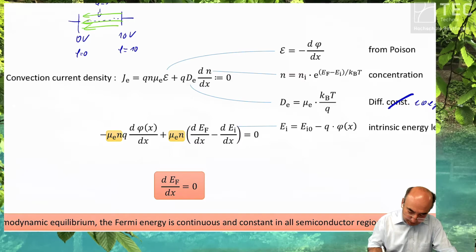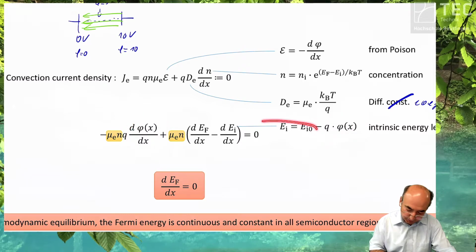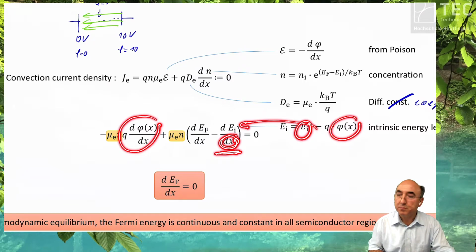this value, one moment, this value is equal to this term. You see, if you put in here and calculate the first derivative, you have this term and this term with the first derivative. And this is 0 after the first derivative.